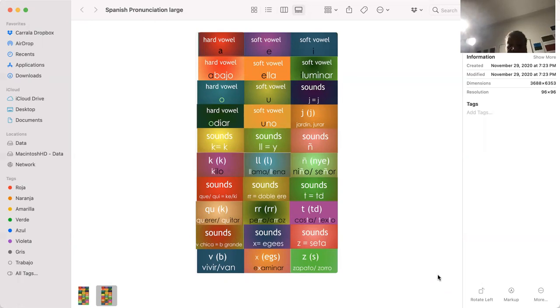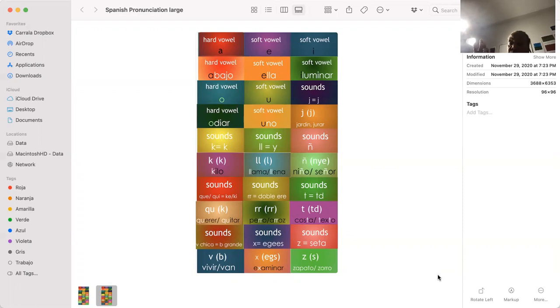Okay, then you have the QUE and the QUI. The QUE and the QUI have the K sound. When you have a C and after the C you have either an E or an I, the only way you can make that K sound is to replace the C with a QU.